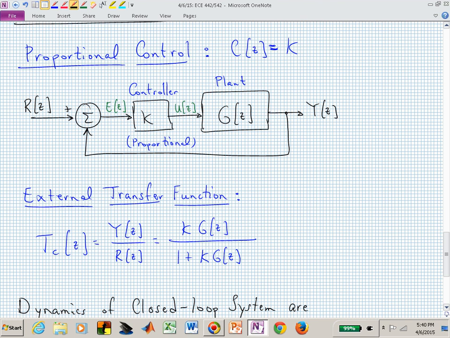Yes? So the question is, will you ever have a PD controller, or will you ever have an ID controller? I haven't really seen an ID controller, but I have seen a PD controller, and that's a proportional derivative. Maybe you're not so worried about the integral part or the steady state accuracy, but you're more interested in the transient behavior.